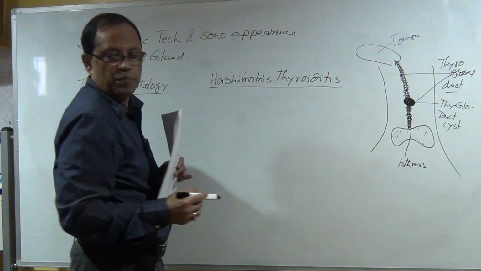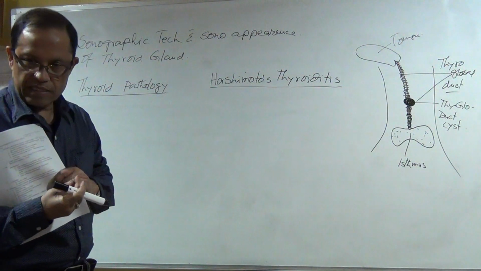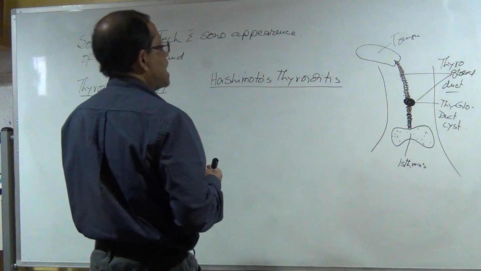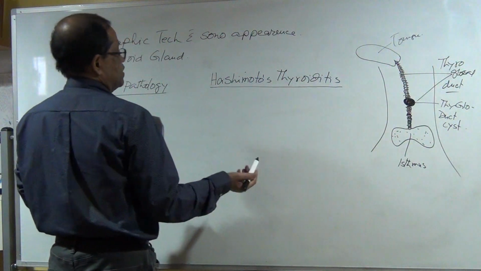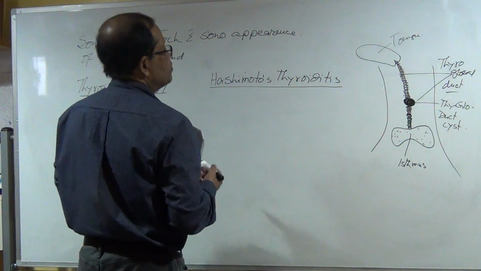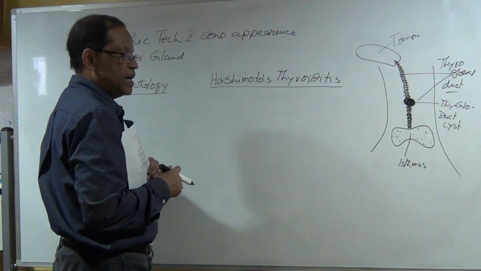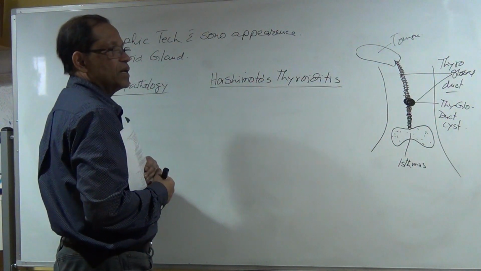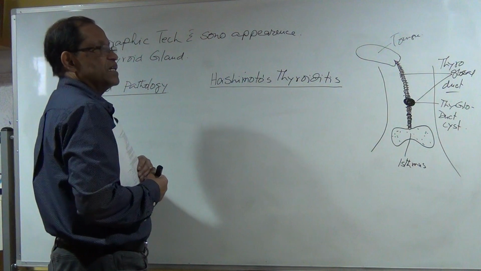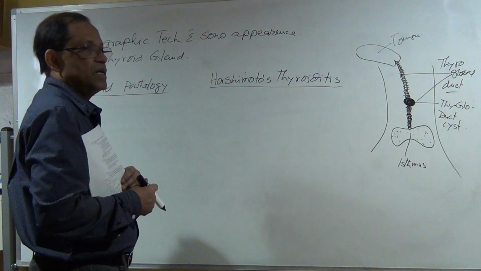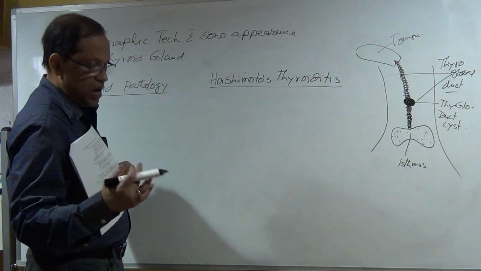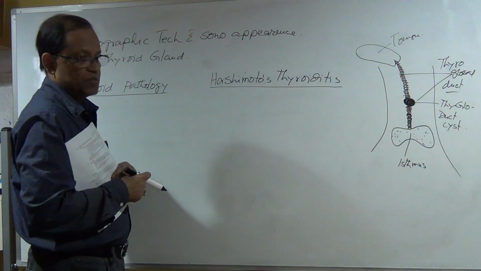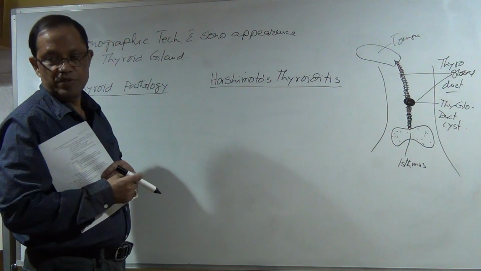Hashimoto is the name of a Japanese scientist. Hashimoto's thyroiditis means the thyroid gets inflamed in some way. They said it could be a virus, but as of now, they say it is mostly an autoimmune disease.